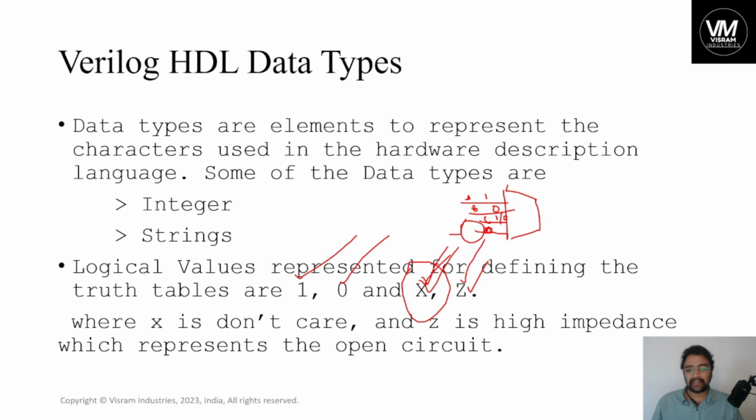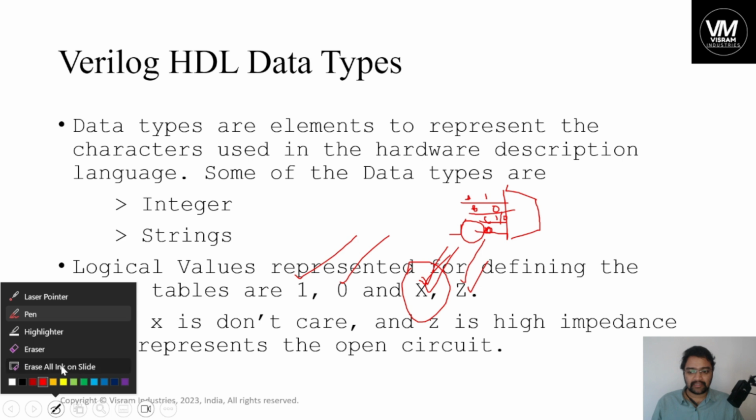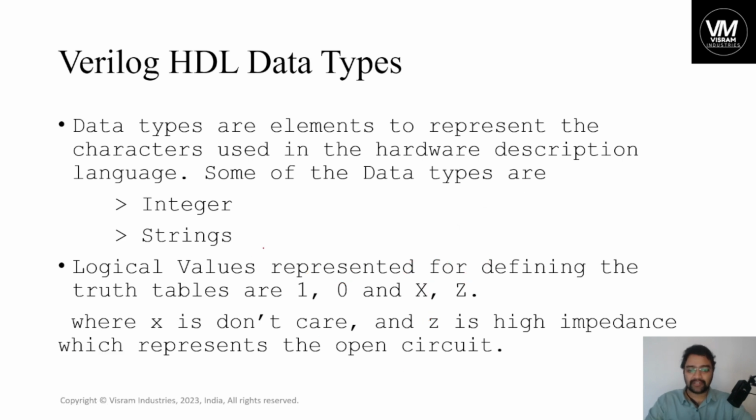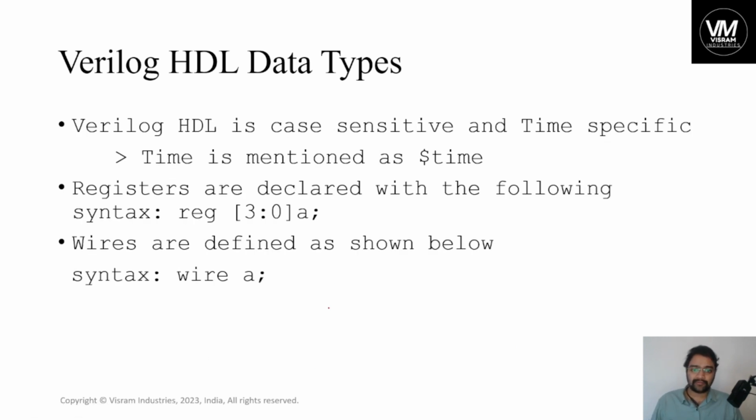It is don't care, in this way. You will understand this with a simple analogy in the next slides. X is don't care and Z is high impedance. I have written it here as a note, so please make a note of these things.